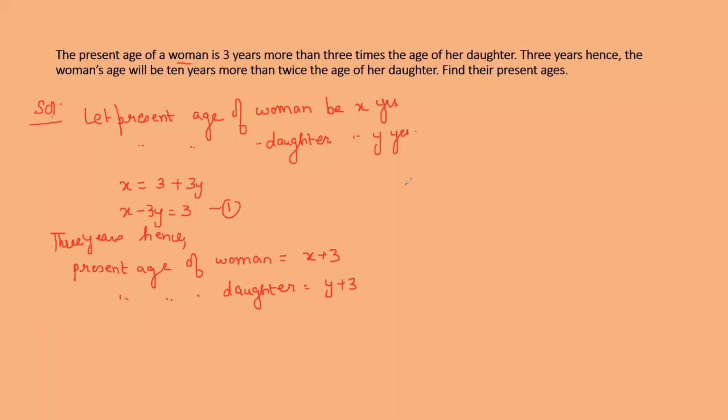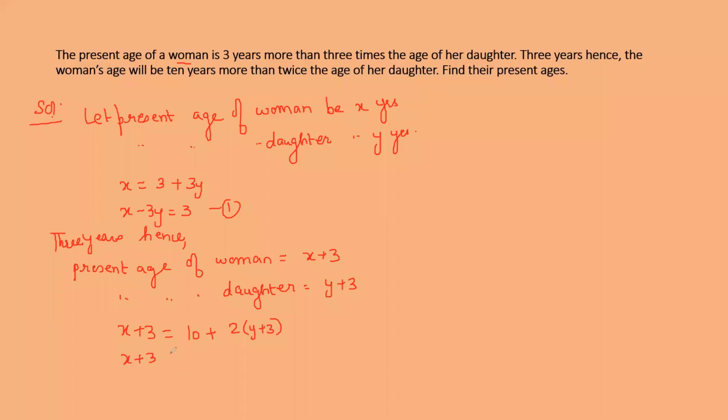Now what is the relationship? The woman's age will be 10 years more than twice the age of her daughter. So woman's age is equal to 10 years more than twice the age. Again, put it in bracket because age of daughter is Y plus 3. So this is another error. Children write 10 plus 2y plus 3, which should be 2 into y plus 3.